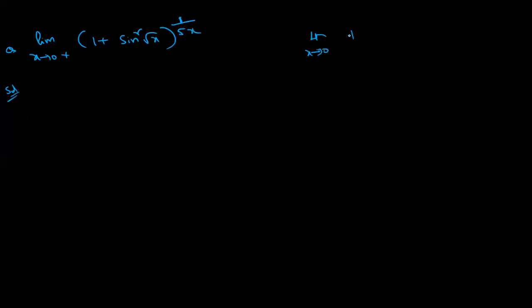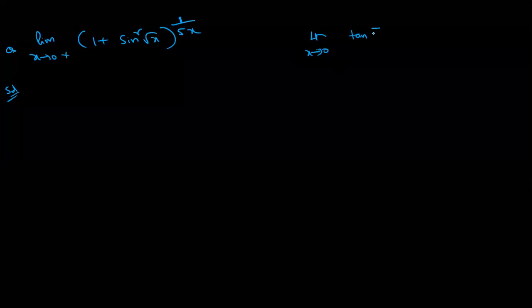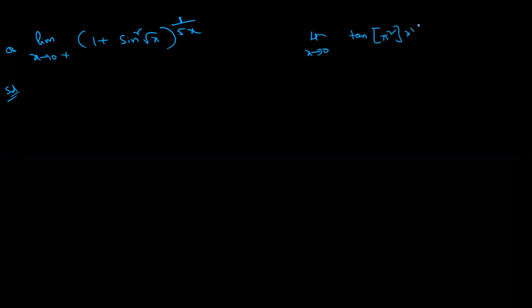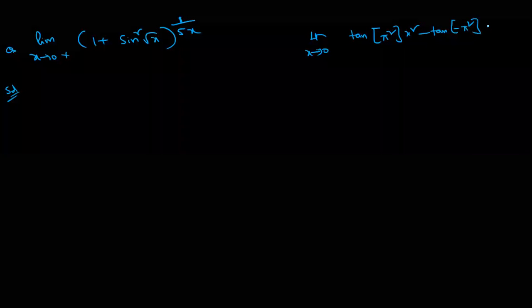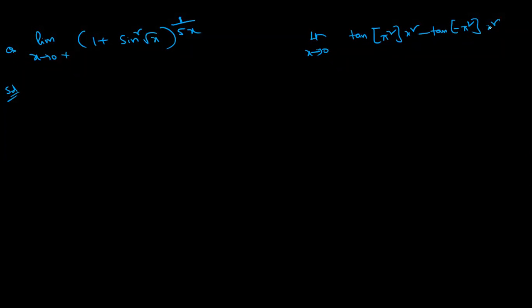And limit x tends to 0, tan of pi square x square plus tan of minus pi square x square by sine square x. What is the answer? Anyone? Get ready.